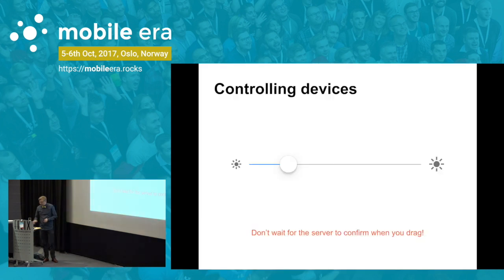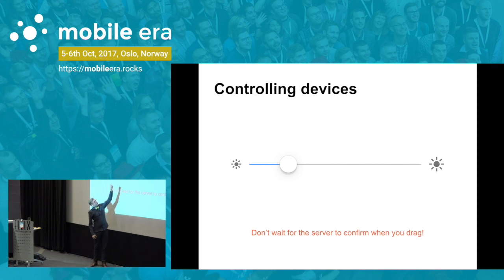Okay, how about controlling devices? We are doing really asynchronous stuff, but we don't want to wait for things to be confirmed before we adjust the UI. So say I'm dragging a slider to dim that light.